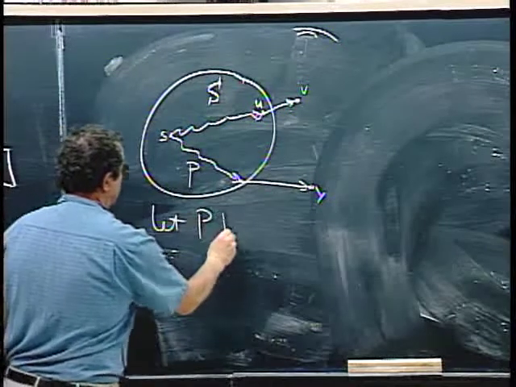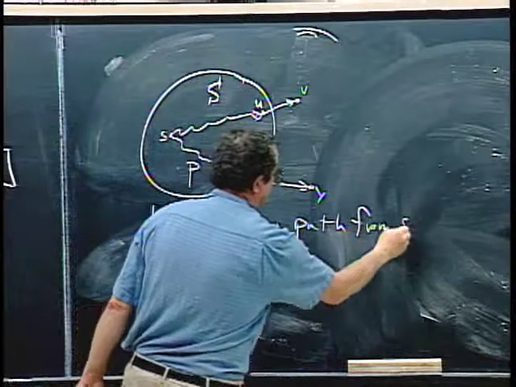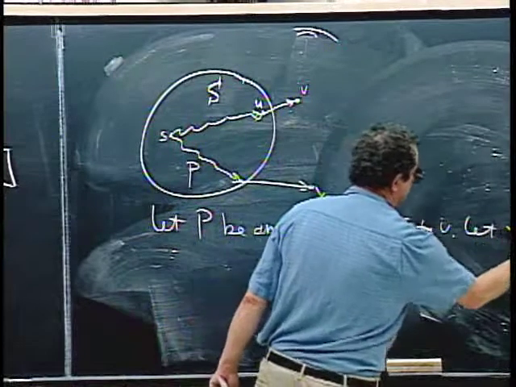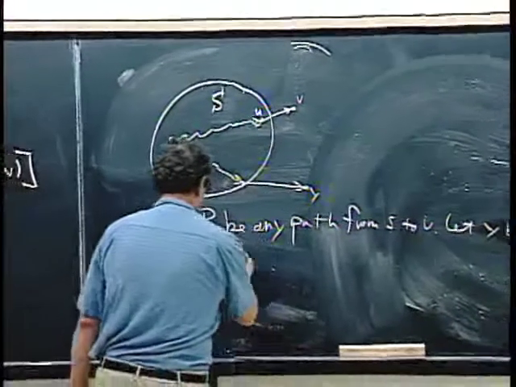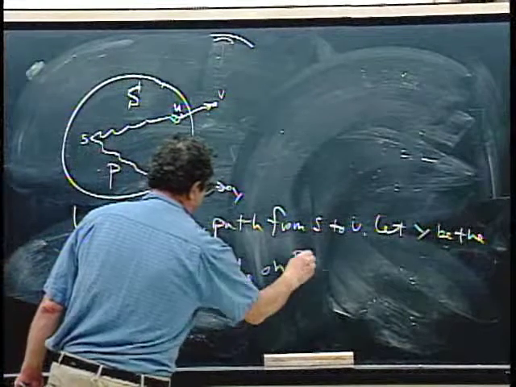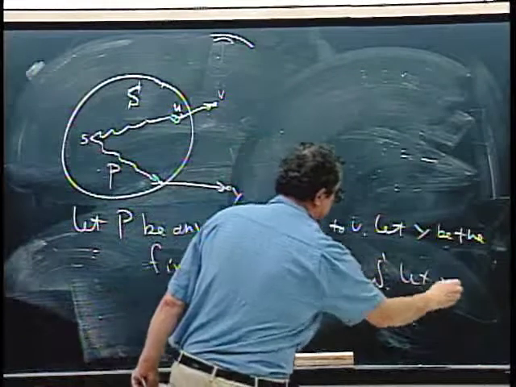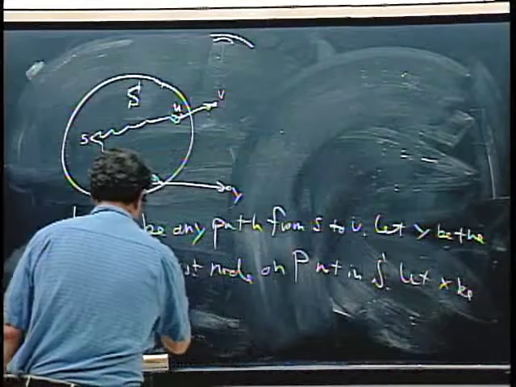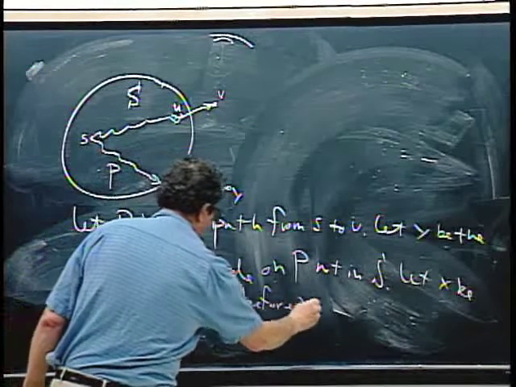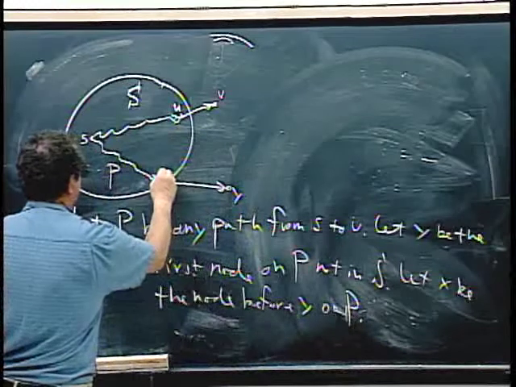So let P be any path from little s to V, and let Y be the first node on P not in capital S, and let X be the node before Y on P. Okay, so this is x right here.